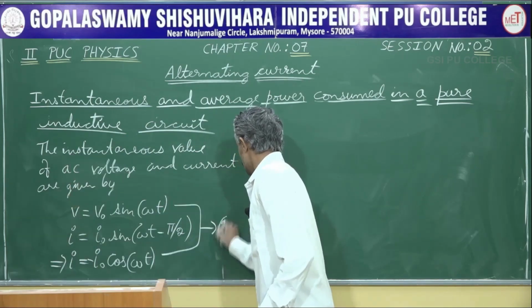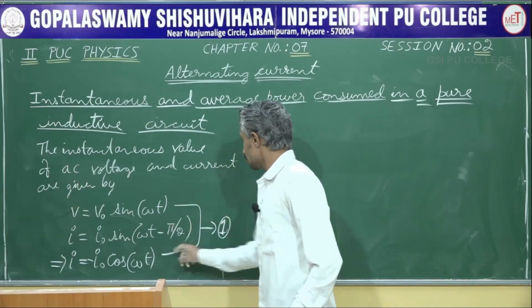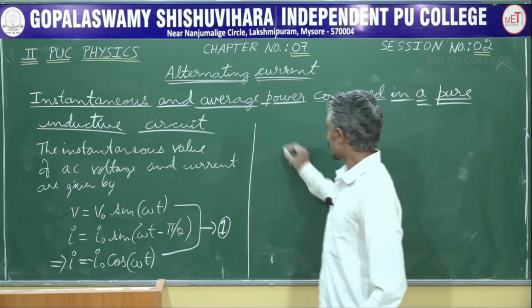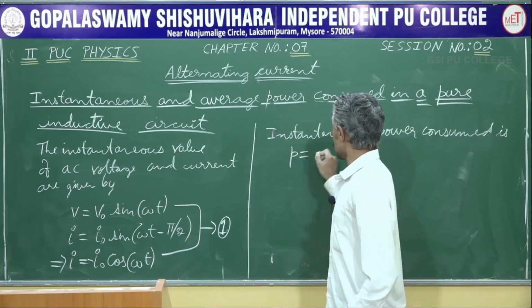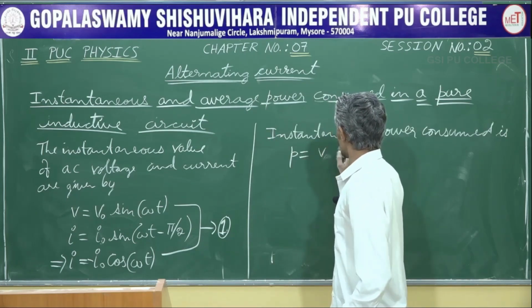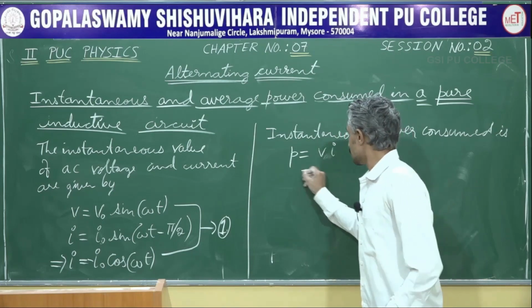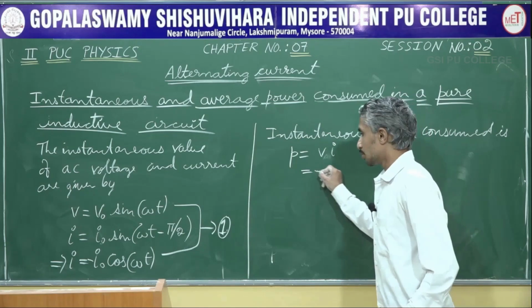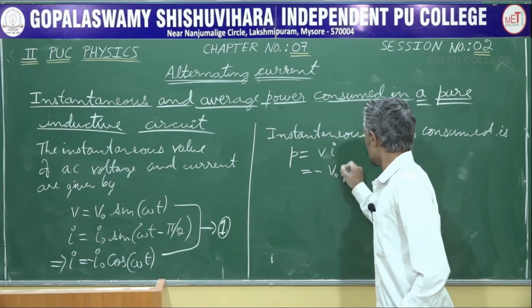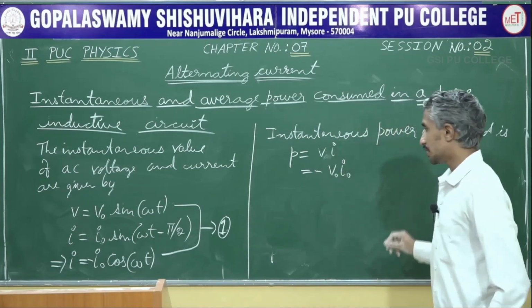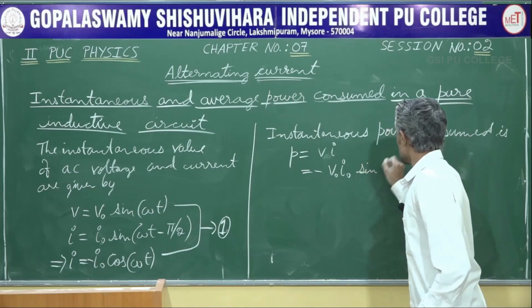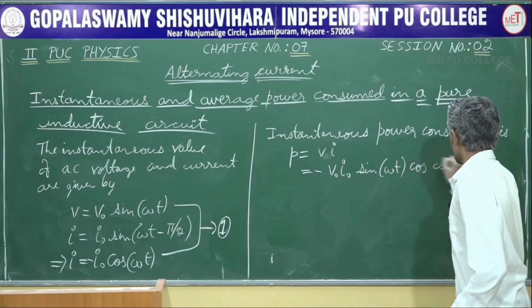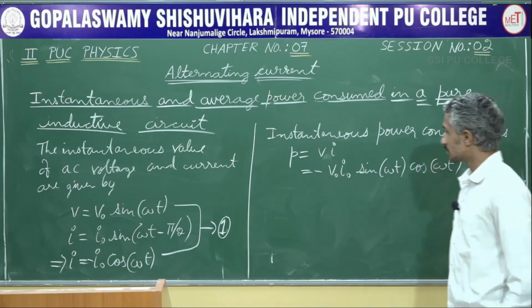We will make use of these two equations to find the instantaneous power. Small p, which is equal to instantaneous voltage into instantaneous current. So, use the equation here. So, I will get that as minus of V naught into I naught into sin omega t into cos omega t.